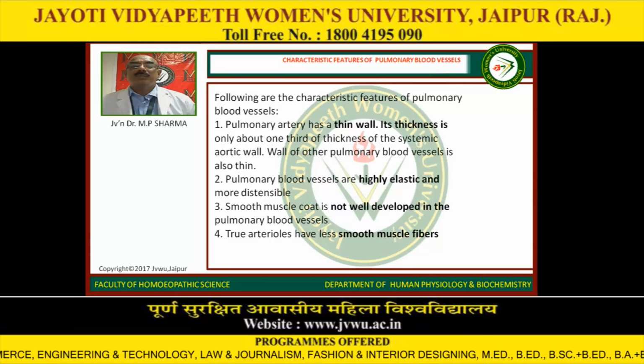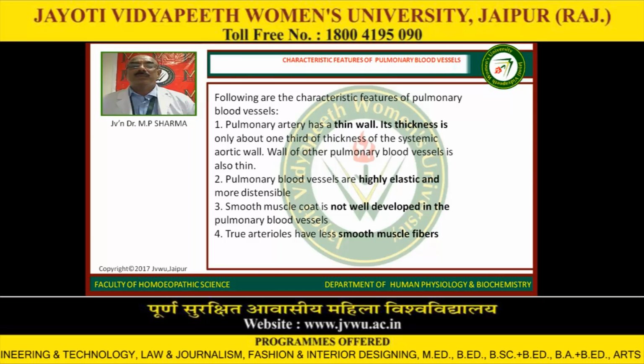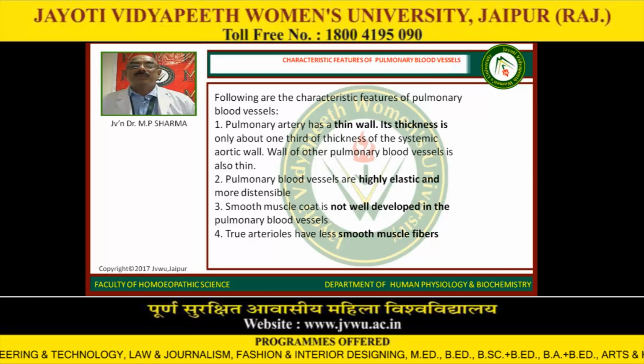Now, characteristic features of pulmonary blood vessels. The following are the characteristic features of the pulmonary blood vessels. Number 1, pulmonary artery has a thin wall. Its thickness is only about one-third of the thickness of the systemic aorta wall.